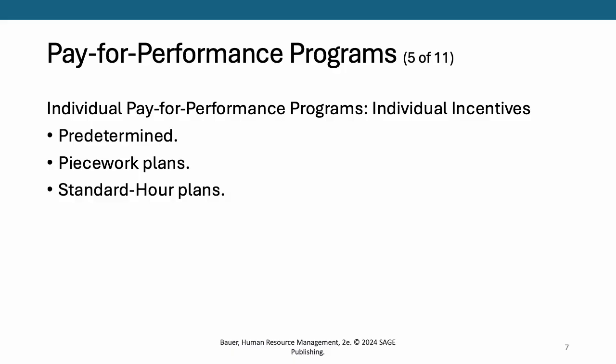And then standard hour plans is the employee is paid based on the completion of a task within a time period. So they have to do something, but it has to be done within a day or an hour. And if they do that, then they get that standard hour reward, that incentive, because they know in advance what to expect.